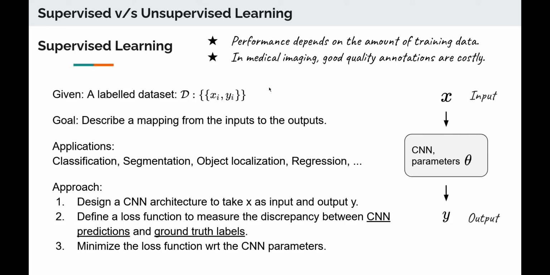But when we go ahead and test it on new images, we will not get good performance. And the reason for this is that the initial training dataset size was not large enough. This happens all the time in medical image analysis, because the labels Y for medical images have to come from radiologists or clinicians or something like this.